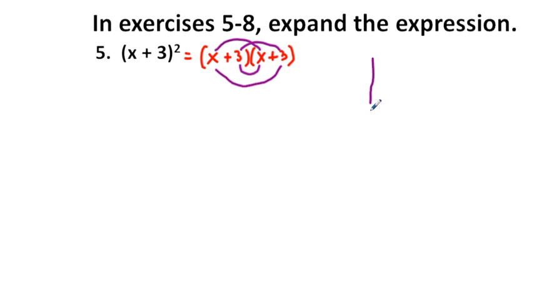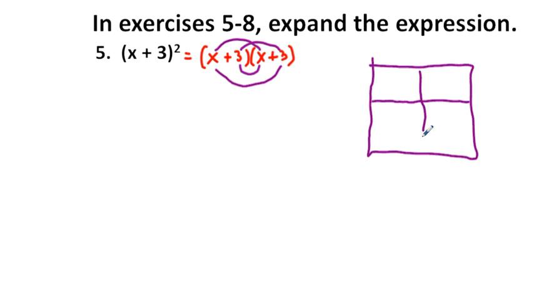Or you can kind of work this out using a box method to distribute as well. Where you're going to put x plus 3 here, x plus 3 here. So x times x is x squared. 3 times x is 3x. 3 times x is 3x. 3 times 3 is 9.